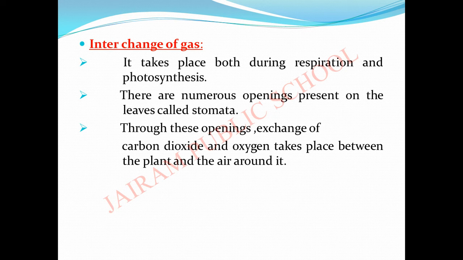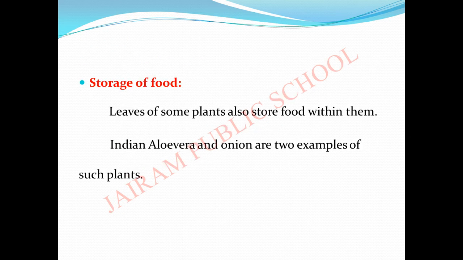Through these openings, exchange of carbon dioxide and oxygen takes place between the plant and the air around it. Storage of food. Leaves of some plants also store food within them. Aloe vera and onion are 2 examples of such plants.